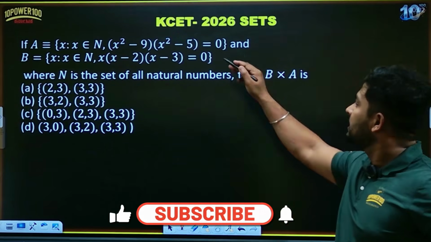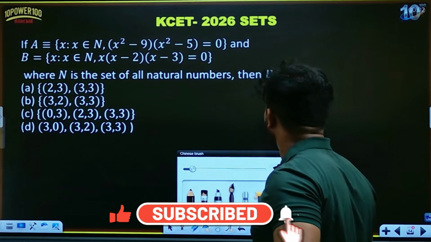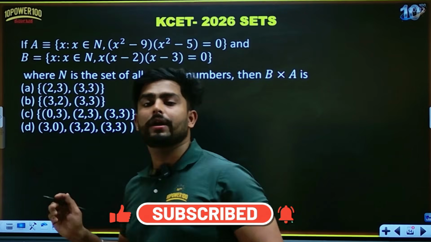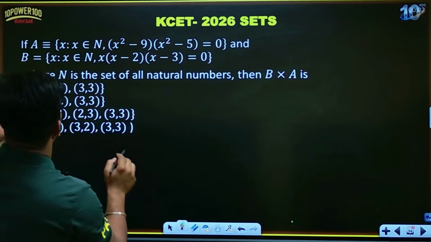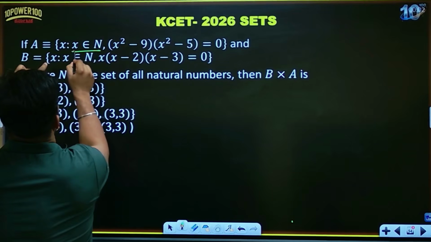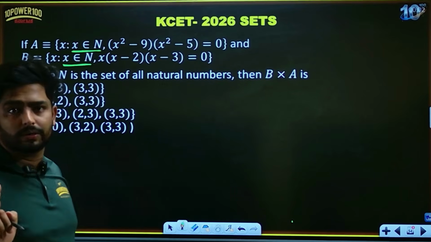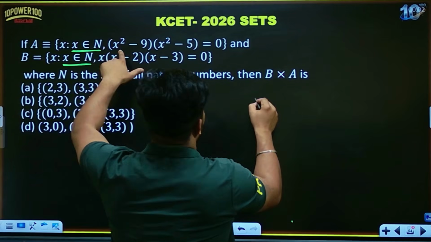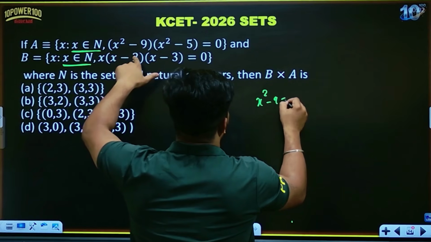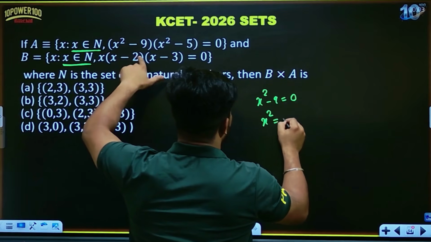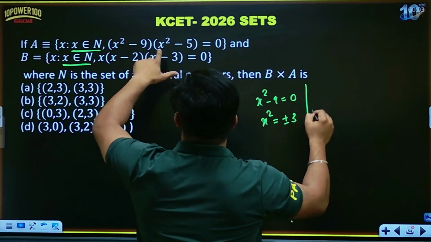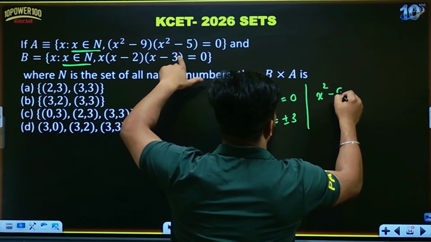Now once again they have given set builder form. So we need to know how to calculate this, children. Here the important point they have given is that x belongs to natural numbers, and here also x belongs to natural numbers. We have to be careful. Look here, they have given x square minus 9 is equal to 0. If you solve this, we get x is equal to plus or minus 3, correct? And here x square minus 5 is equal to 0.